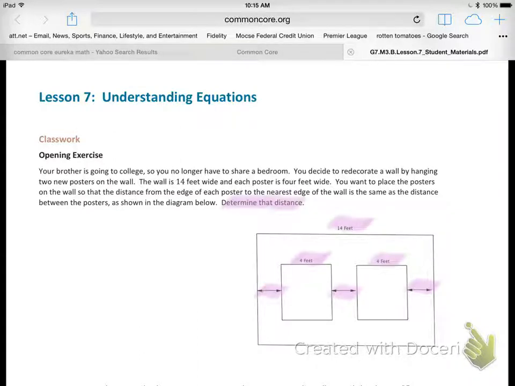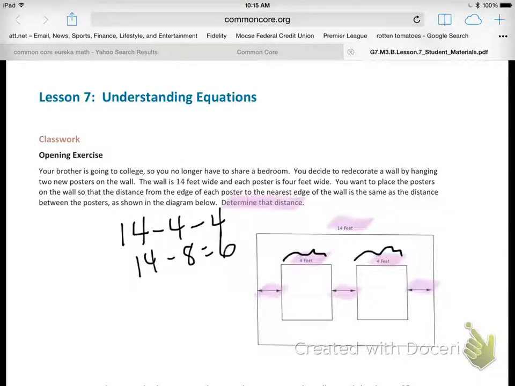Now some of you have been resorting to processes that you are very familiar with. For example, if we know the whole wall is 14 feet wide, and we know these are 4 feet, we could just subtract away 4 and 4. If we subtract away 8, we know that there's 6 feet left.